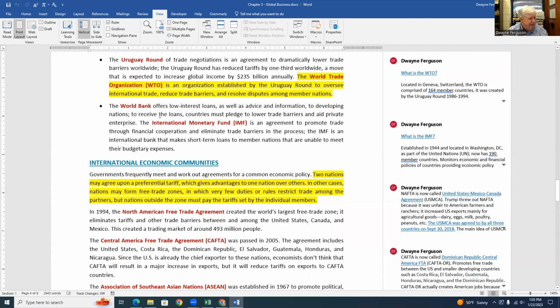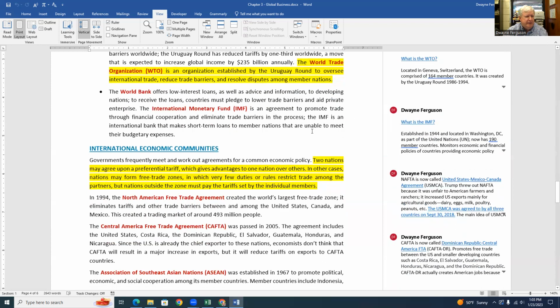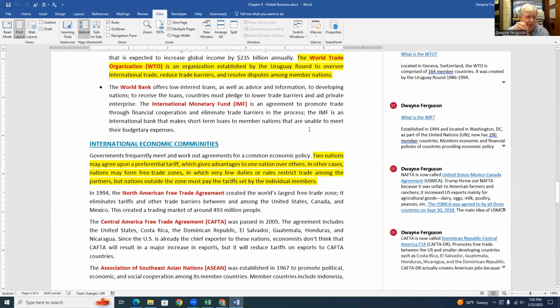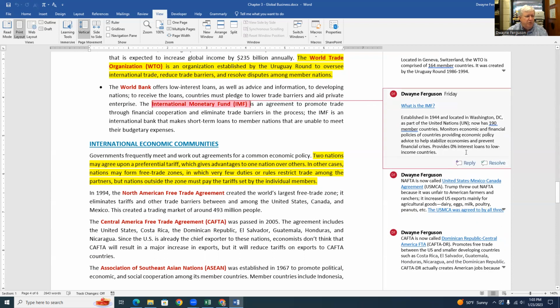The World Bank, you can read about the World Bank, the International Monetary Fund. Again, I have links out there to those. The IMF is part of the UN, and it provides basically funding for lower income countries, lower third world countries.